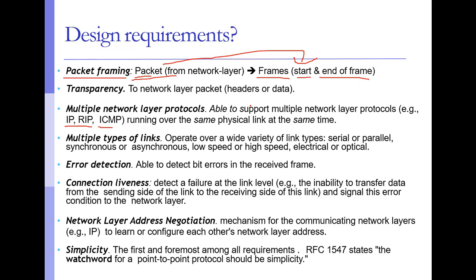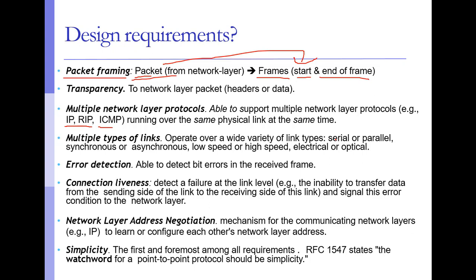And the last one is simplicity. This means that, first and foremost among all the requirements, your protocol and your design should be as simple as possible, so that in the future it would not be difficult for someone else to understand.